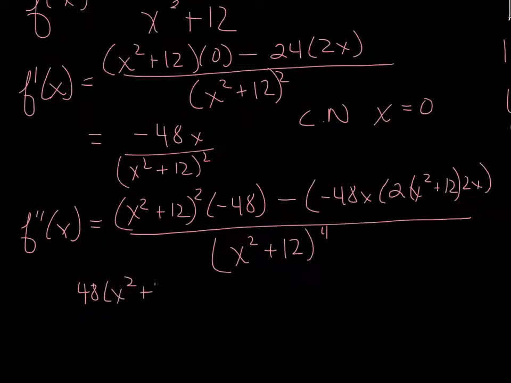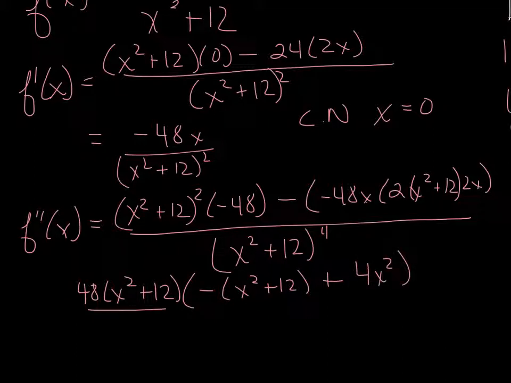And here I'm left with a negative x squared plus 12 plus 4x squared, all over x squared plus 12 to the fourth power.